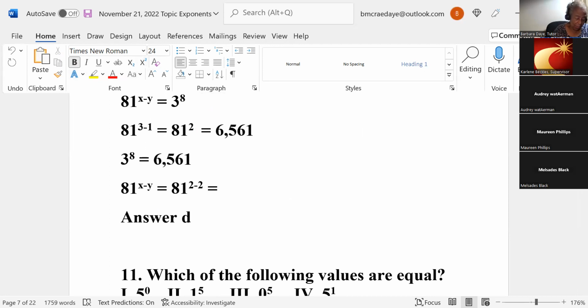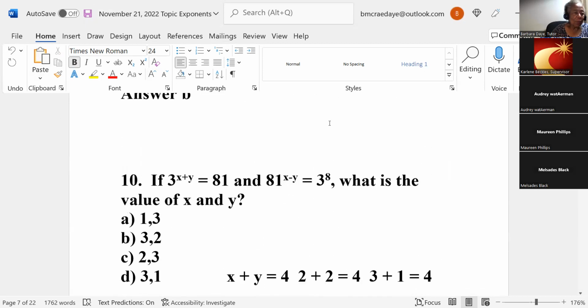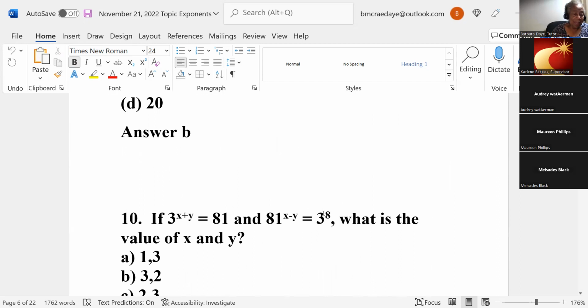So that would be 81 to the 0 power. And any number to the 0 power is equal to what? 1. So this is then equal to 1. So we can eliminate the 2's because it said 81 to the X minus Y is equal to, back up here, 3 to the 8th. That's not true.